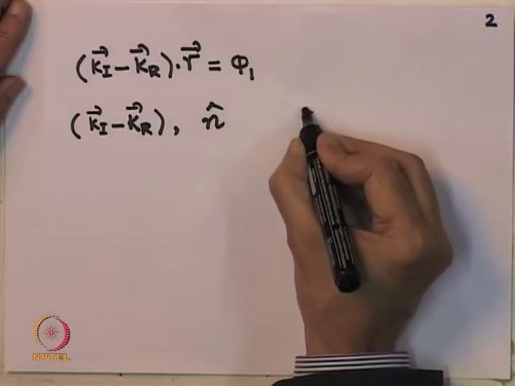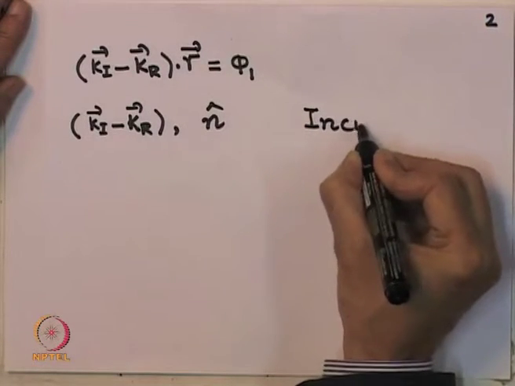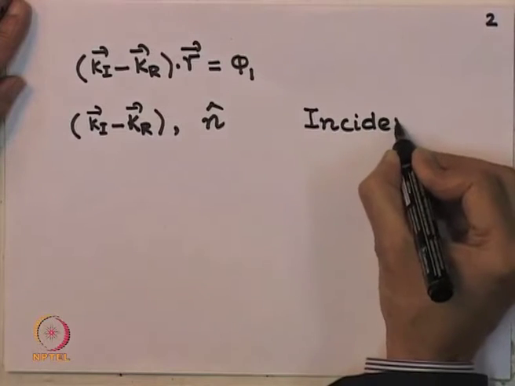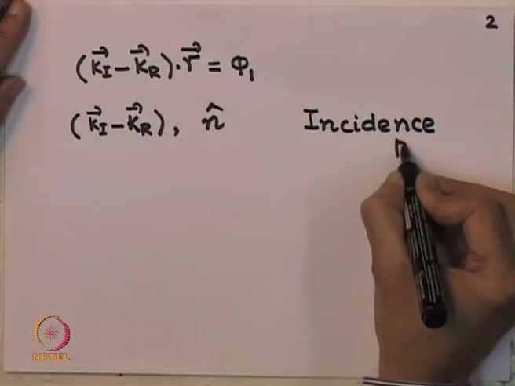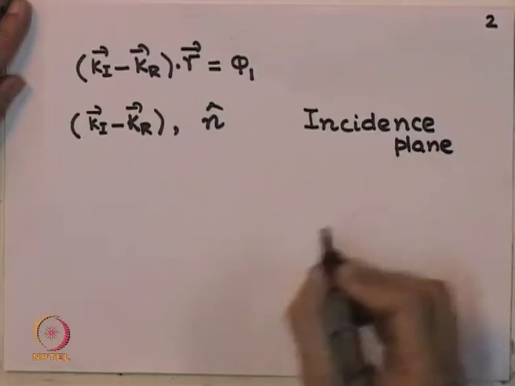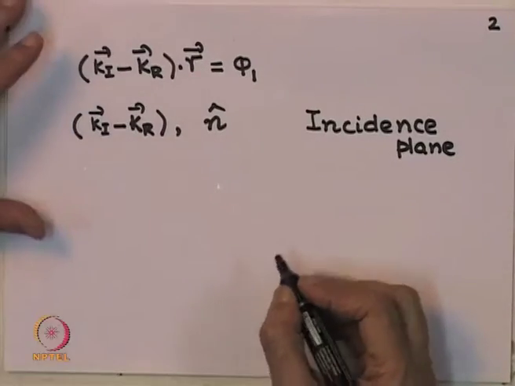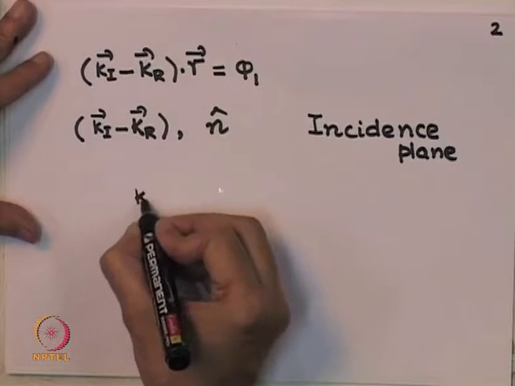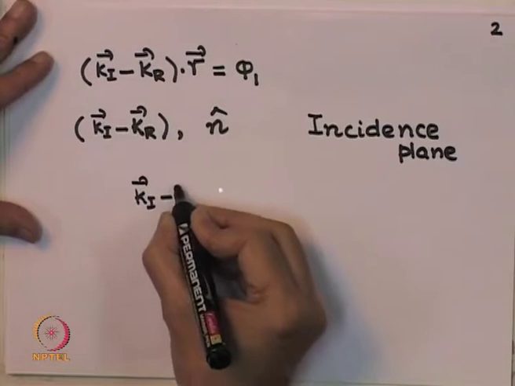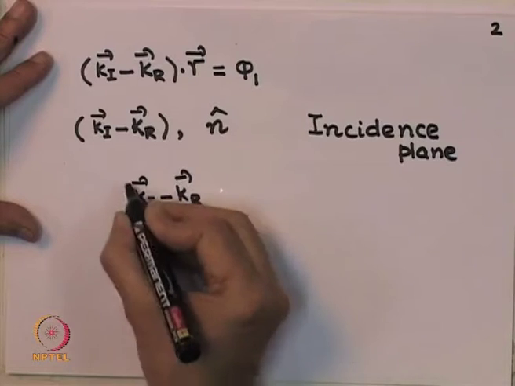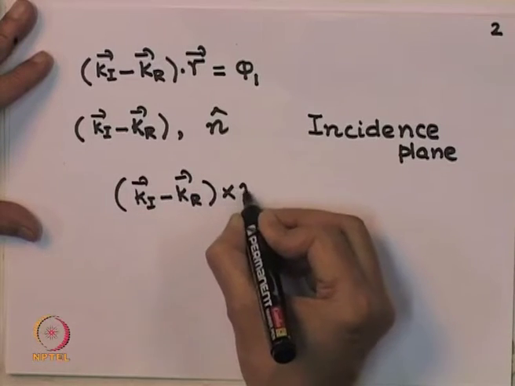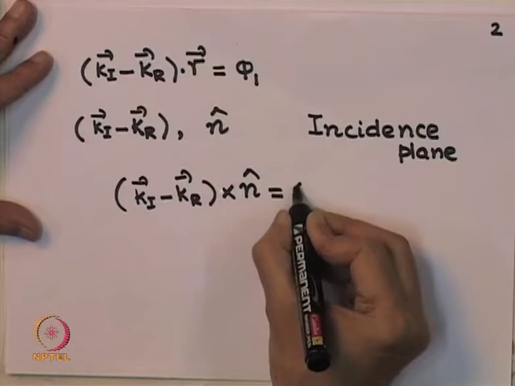The vector k_i minus k_r and the normal to the plane of incidence define my incidence plane. Since n and k_i minus k_r are in the same plane, (k_i minus k_r) cross n must be equal to 0.